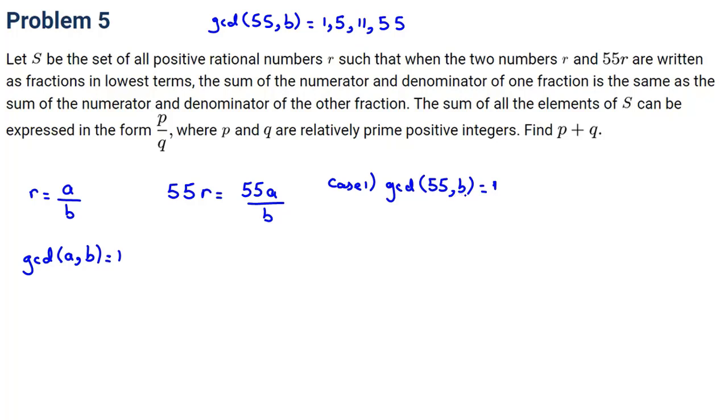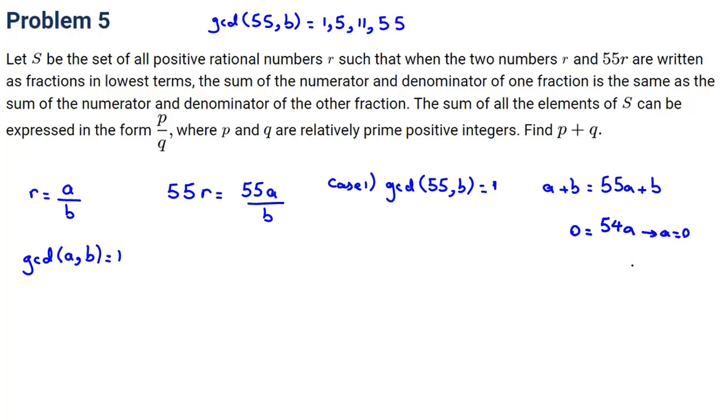In case 1, if GCD of 55 and B is 1, then 55A over B is in lowest terms. It says the sum of numerator and denominator should be equal for R and 55R. So for R it is A plus B, for 55R it is 55A plus B. So here B will be cancelled, and if we simplify, 54A equal to 0.